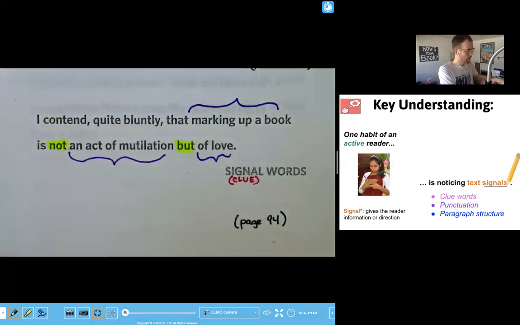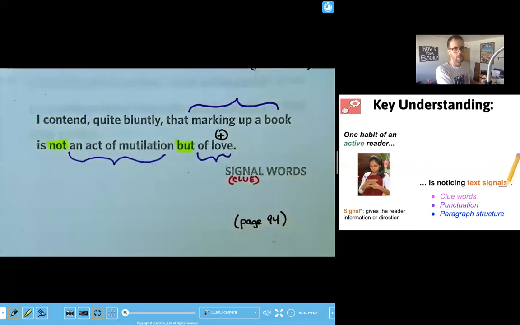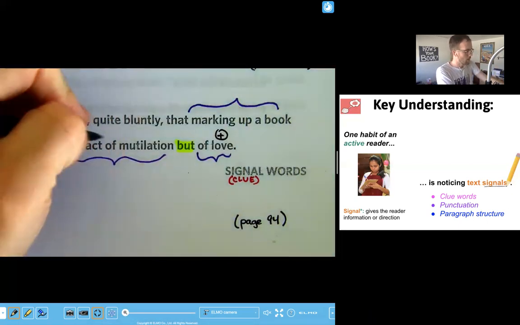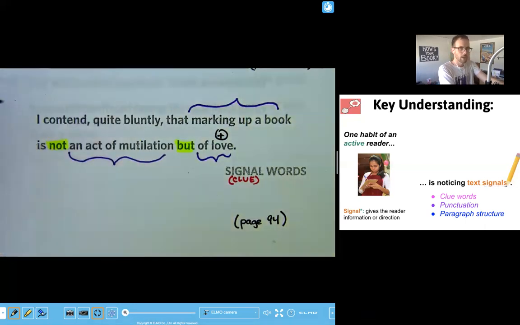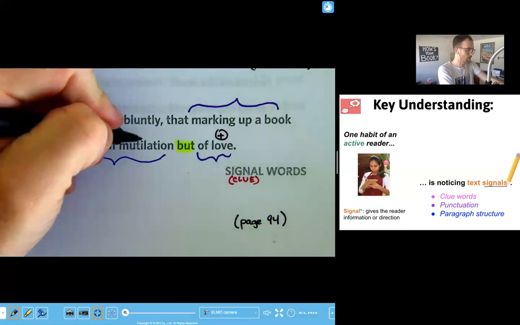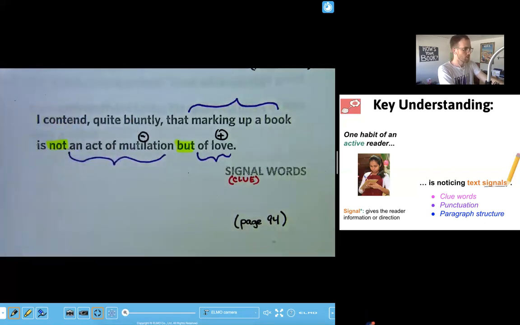So if I notice here that he uses the word love, love is a very positive word. So if not and but separate two things that are different, I might predict that mutilation is some sort of negative word. So from that, let's take a look at that sentence again.